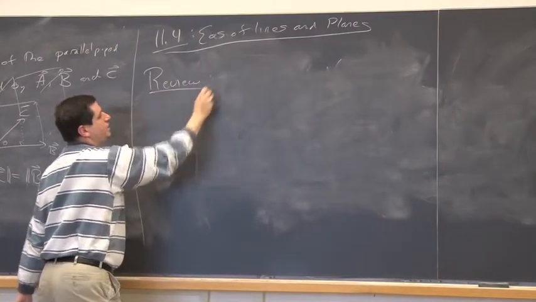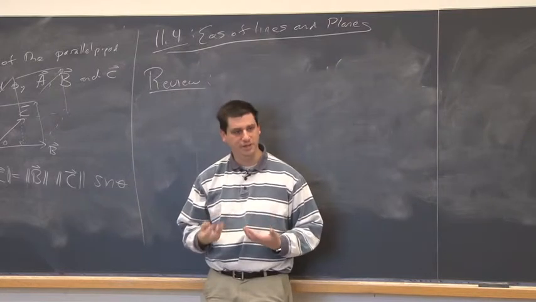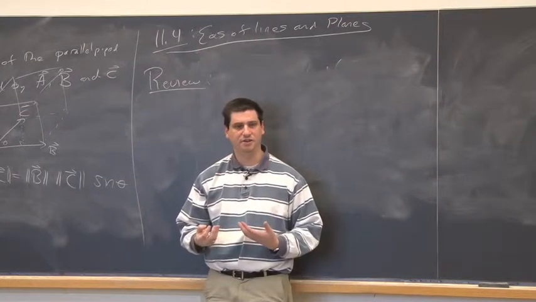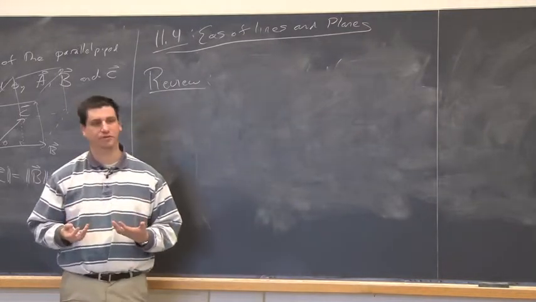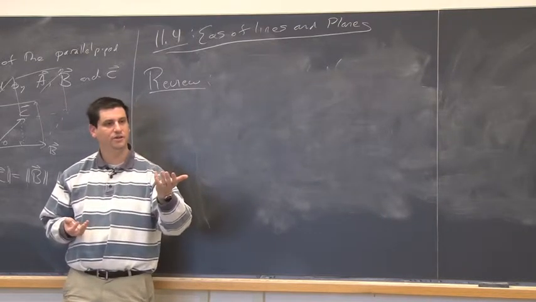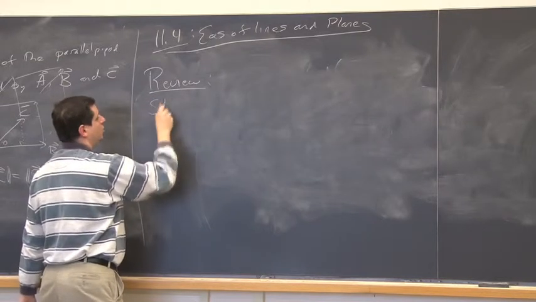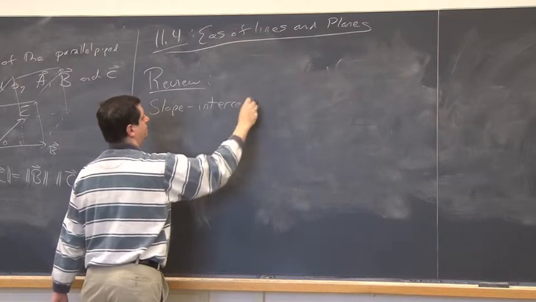There's lots of different ways of writing equations of lines. Depending on what information I give you, there are different ways of writing down the equation of a line. Does anybody know a way to get an equation of a line from certain information? You get to choose what information. Yes, mx plus b. This is the slope-intercept form.